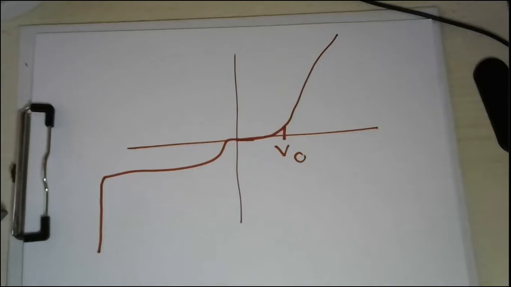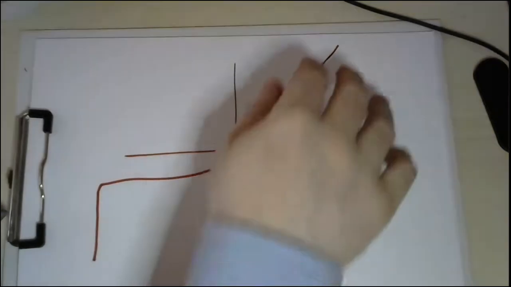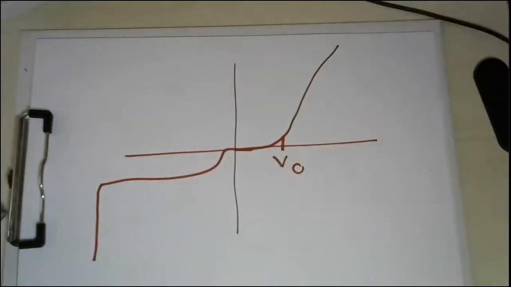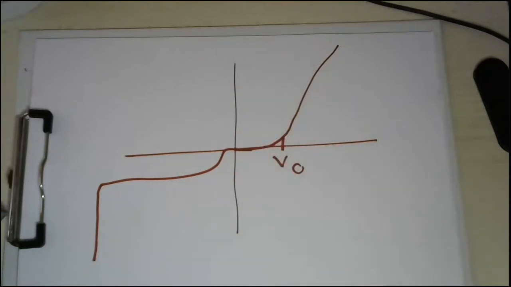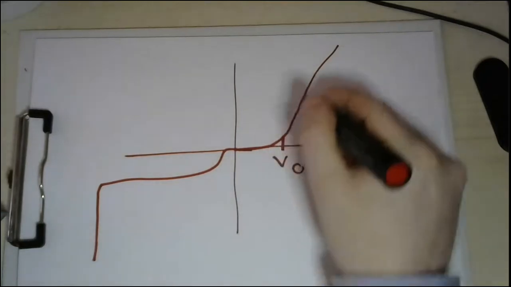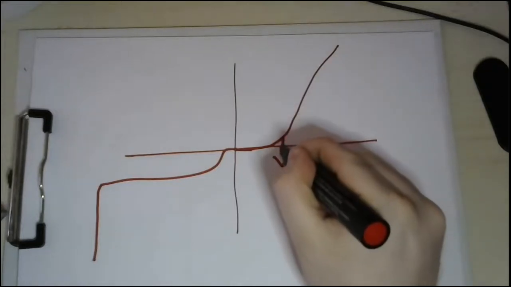What we are going to do, my dear students, is make some simplification to this IV curve. We are going first to ignore this V naught, and we are going to say that this is not an exponential. Let's say that this looks like this.